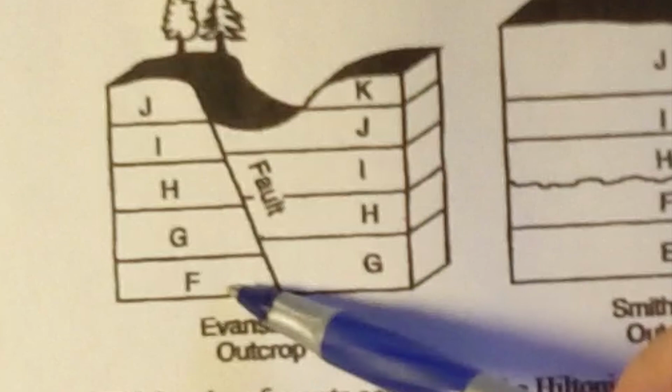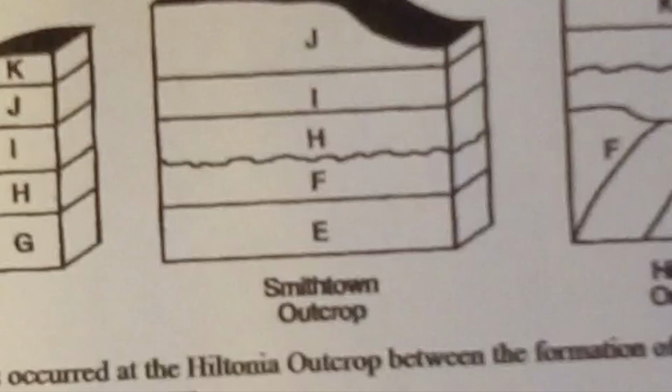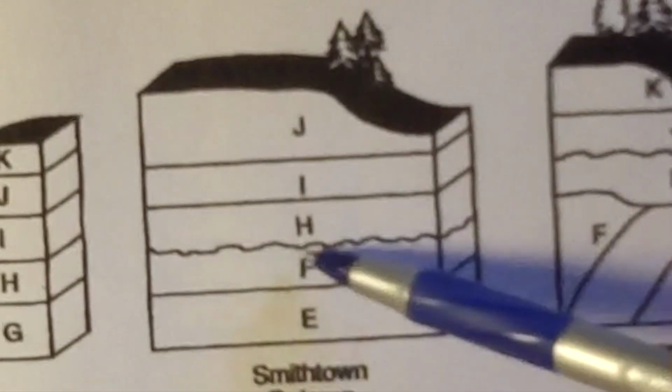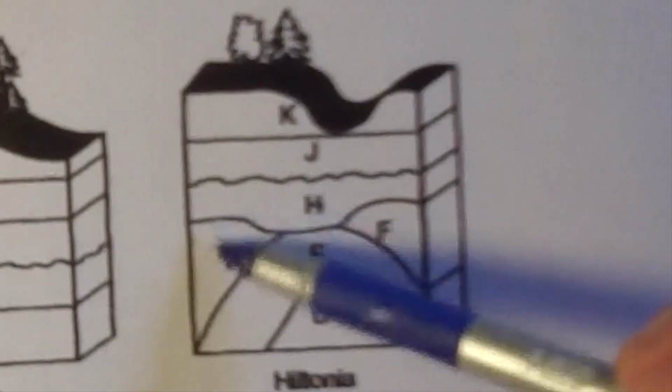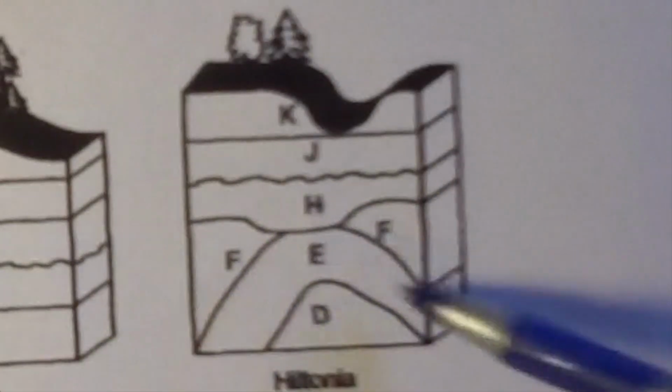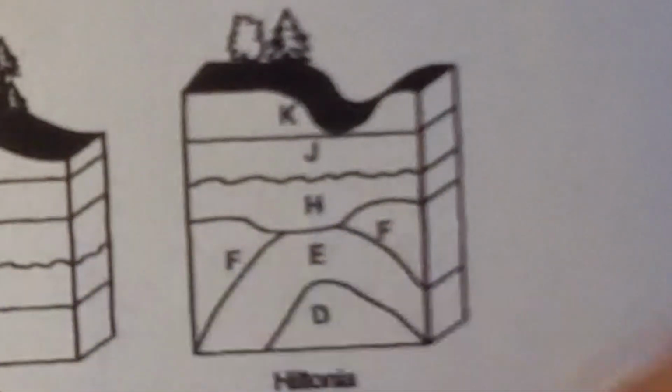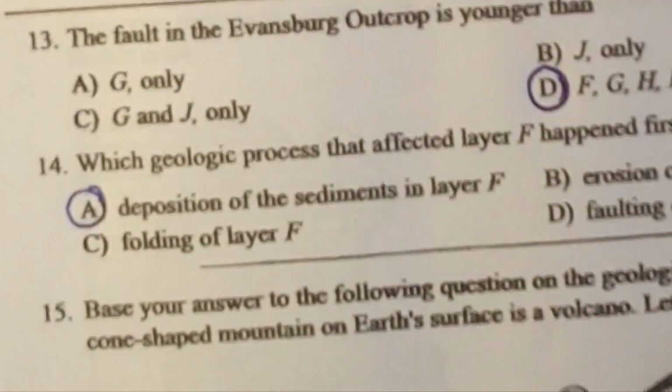So here we see F was faulted. Here we see F was uplifted and eroded. And here we see F was folded. But before any of these could possibly happen, the sediments in F must have been deposited first.